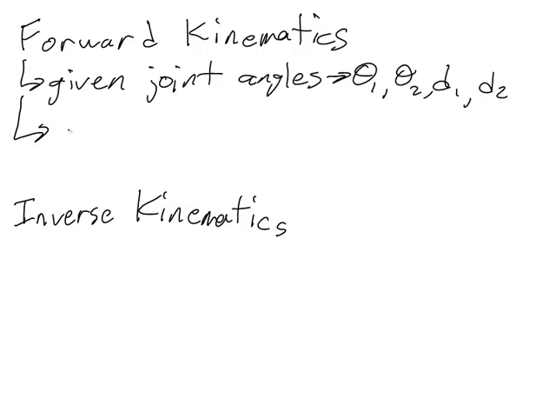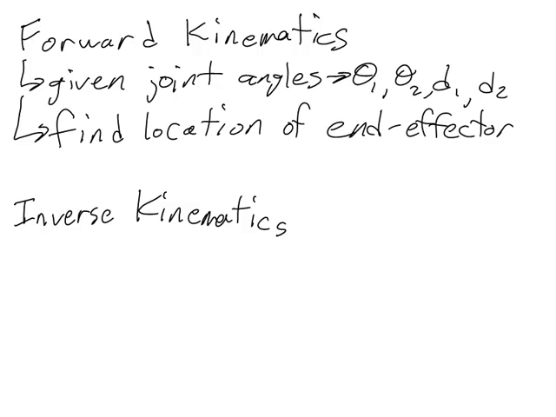And you're asked to find the location of the end effector. And once you've done that, you can use the location of the end effector, and specifically the homogeneous transformation matrix H, can be used to find not only the location of the end effector, but also the location of a point from one frame to the next.